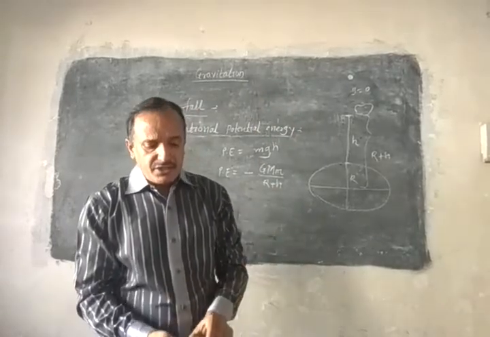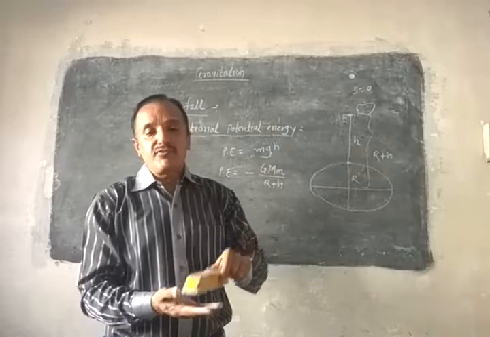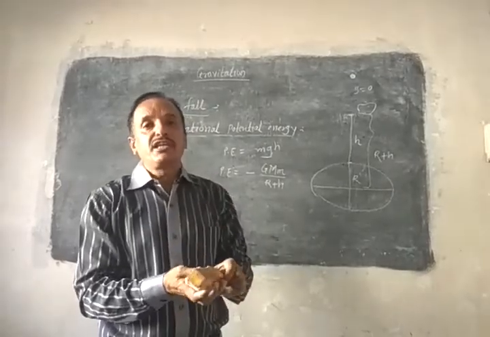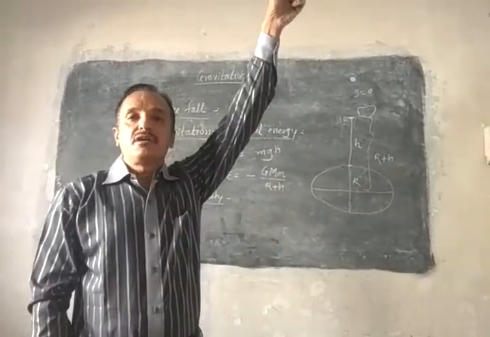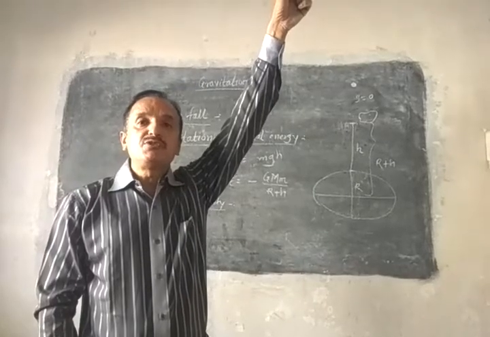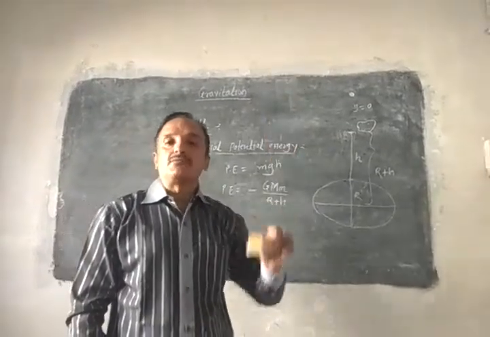If I give more initial velocity, what happens? It will attain more height, and then once the velocity becomes 0, again it will come down.